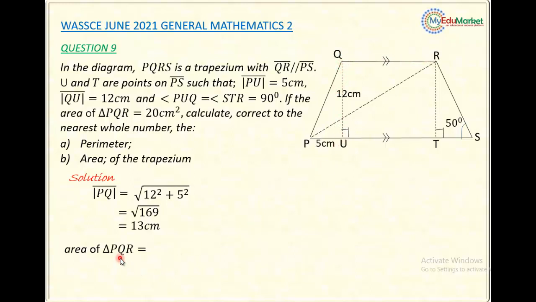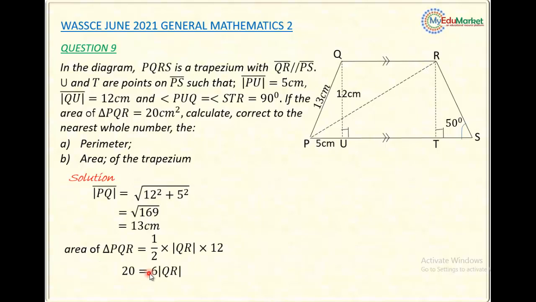Remember, the formula for the area of a triangle is half base times height. The base is QR and the height is 12, the same as the line QU. So I have a half times QR times 12, and the area is given as 20.